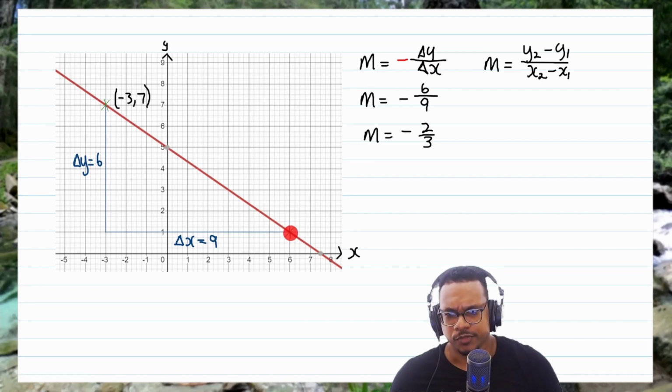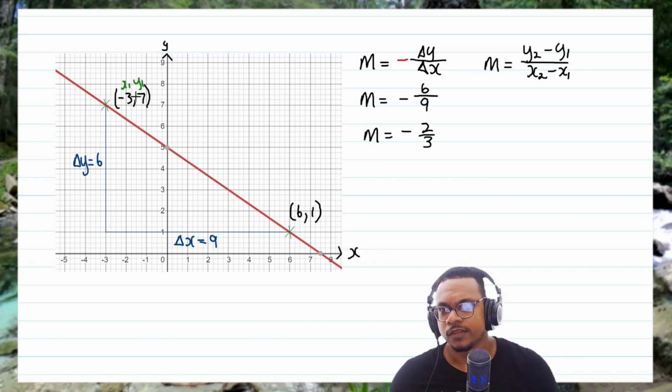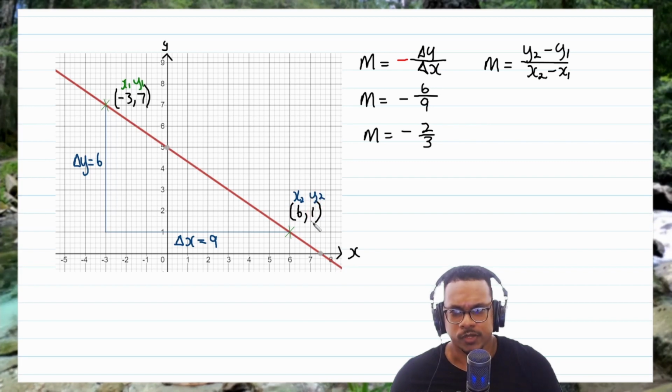And the coordinate for this point would be positive 6 on the x and positive 1 on the y. So I'll have positive 6 and positive 1. I'll label this x1 and y1. I'll label here x2 and y2. So x1 is negative 3 and y1 is 7. x2 is positive 6 and y2 is positive 1.